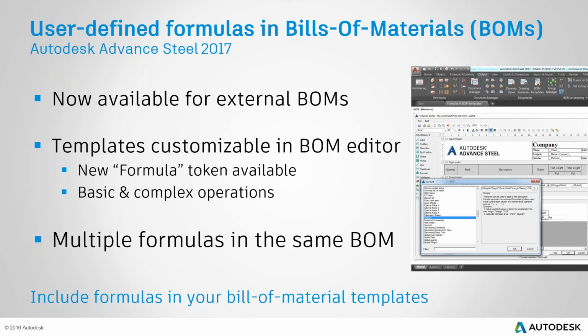Within the bill of materials, we can include formulas such as addition, subtraction, multiplication, and division in your BOM template. If there is something like a calculated field, you can use the tokens in those calculations. The result will be automatically calculated.